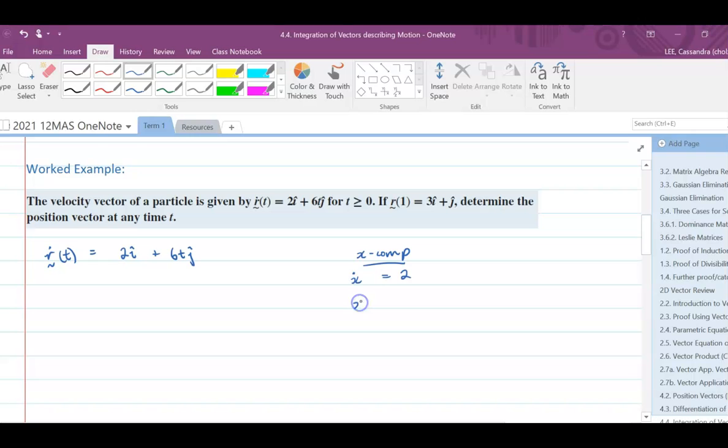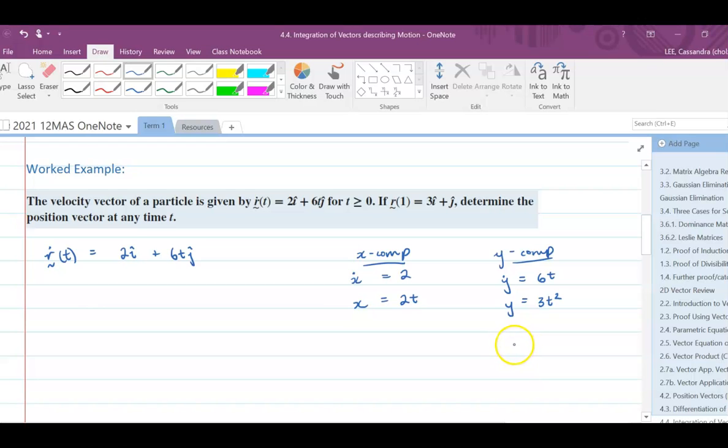So when I integrate this value, this is just going to become 2t because we're integrating with respect to t. Same thing with the y. So looking at the y component, we have 6t. I'm going to use my power rule here. So I'm going to raise this t by 1 power, which will be 2, and then divide the whole thing by the new power. So that's just going to give me y is equal to 3t squared.